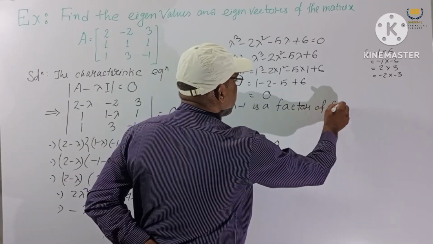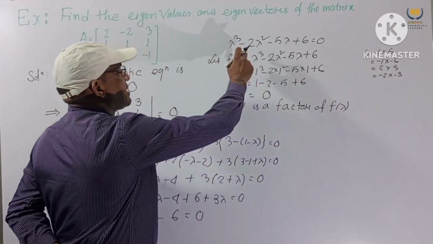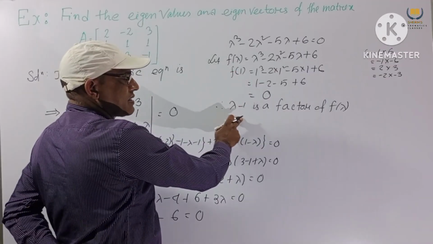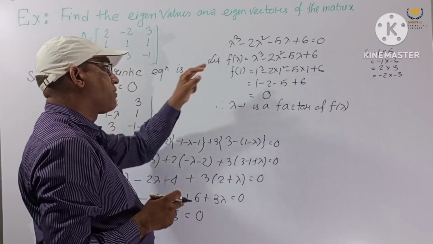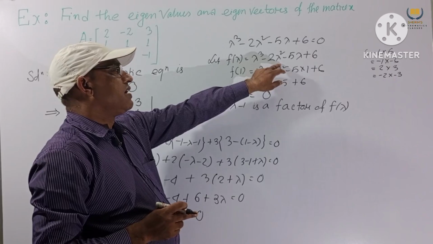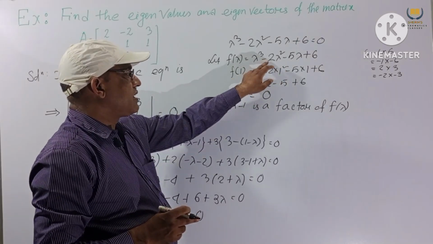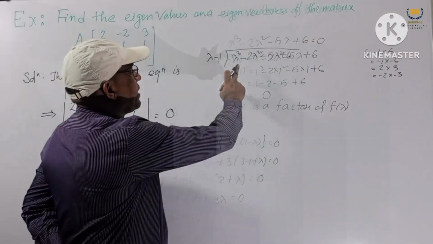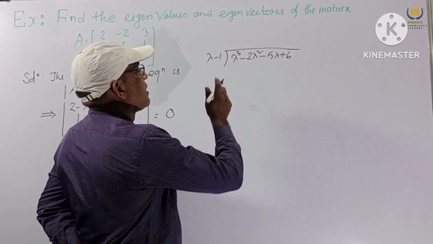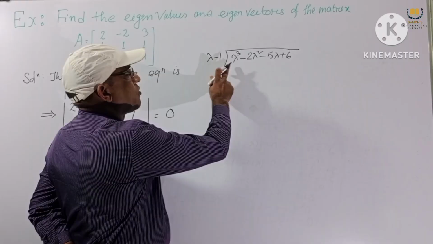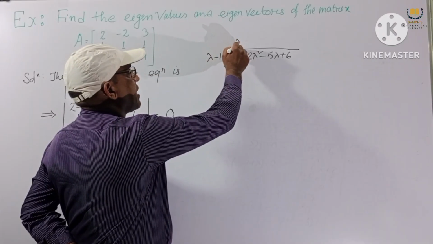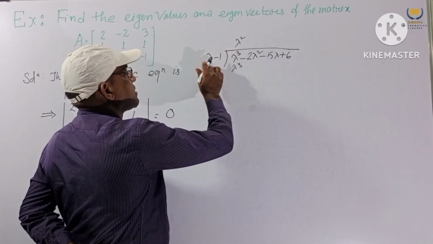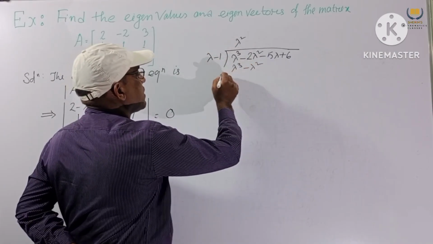of f lambda. Putting 1, we write lambda minus 1. Lambda minus 1 is a factor of f lambda. So if we divide this by lambda minus 1, we get remainder 0. Our requirement is lambda cube, but we have lambda, so putting lambda square, lambda cube minus lambda square.